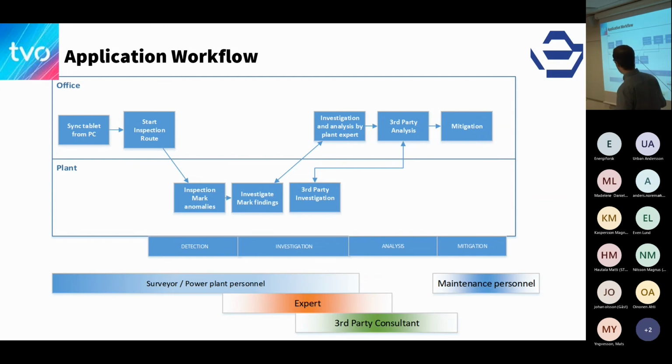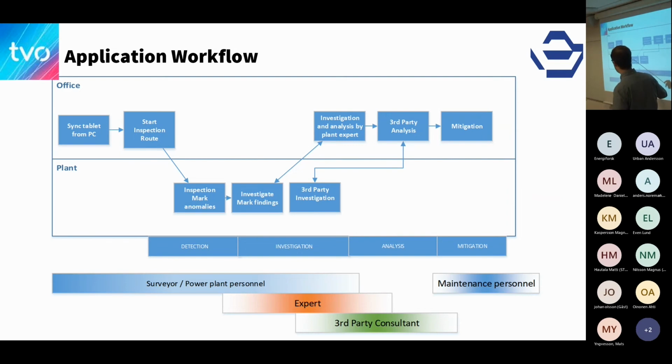Then comes the part when the person who's doing the investigation can, based on the findings, do further investigation with the instruments he has with him, or that are otherwise available. He can do the investigations based on the suggestions and mark the findings during the same inspection route.